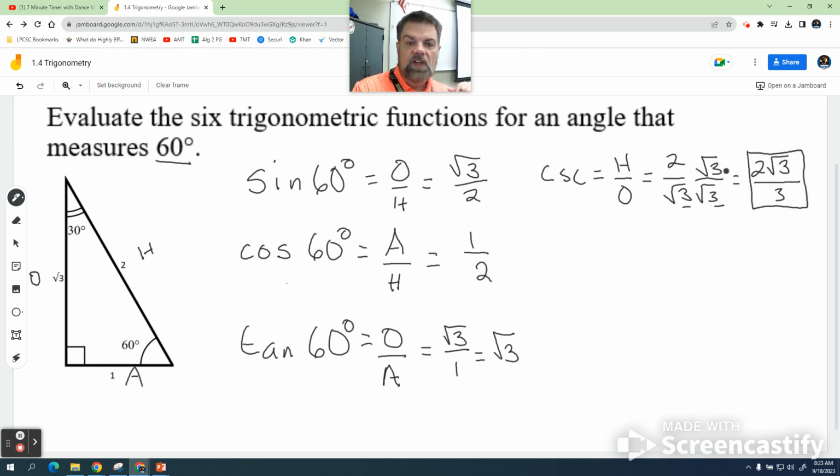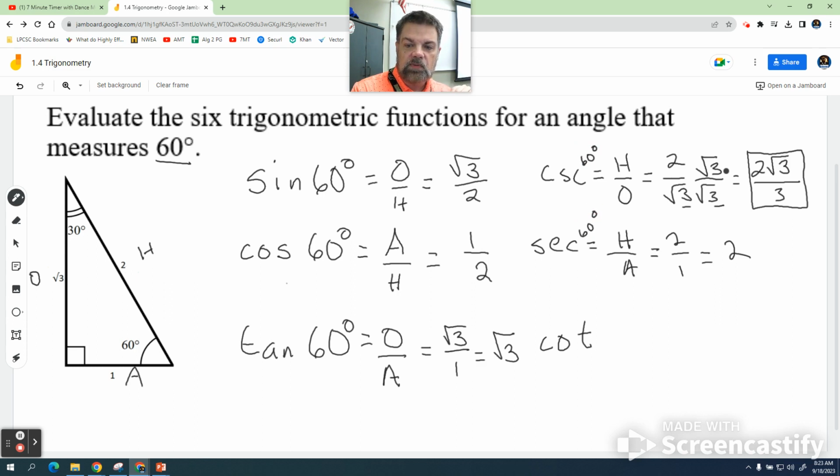Now, to do cosine, its reciprocal is secant. And secant is just going to be the hypotenuse over the adjacent. So that's just going to be 2 over 1, and you simplify it, it's just 2. And then tangent's reciprocal is just cotangent. Oh, you know what, I probably should say this is of 60 degrees.